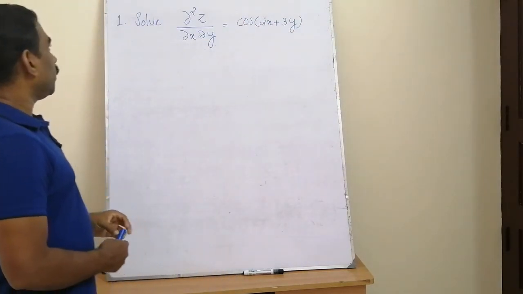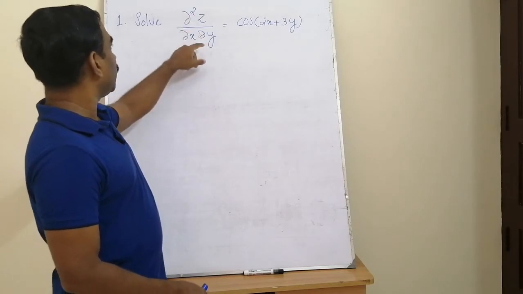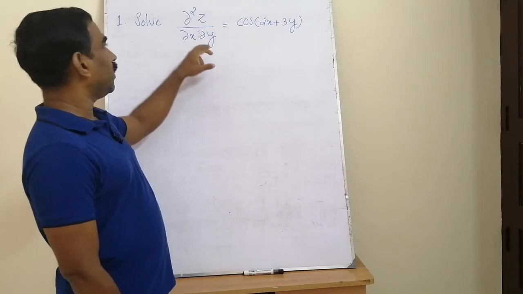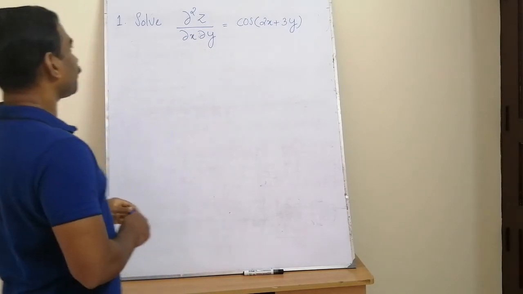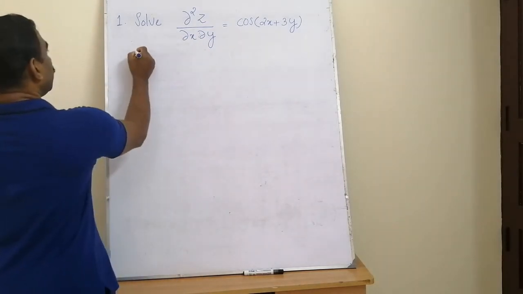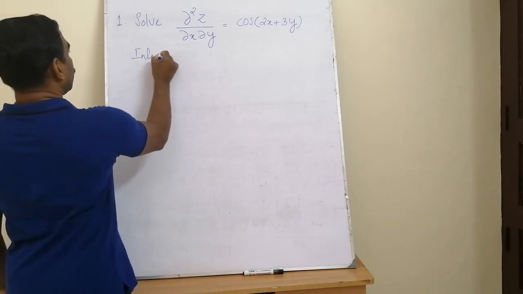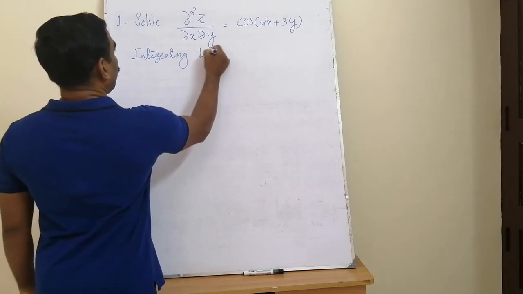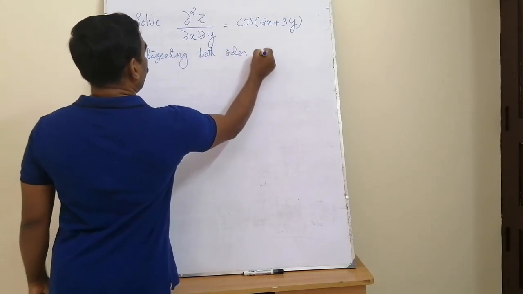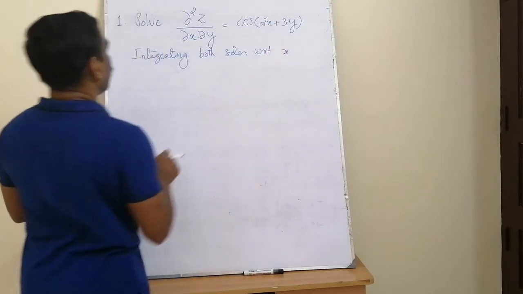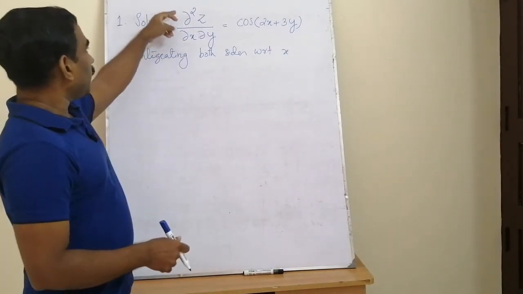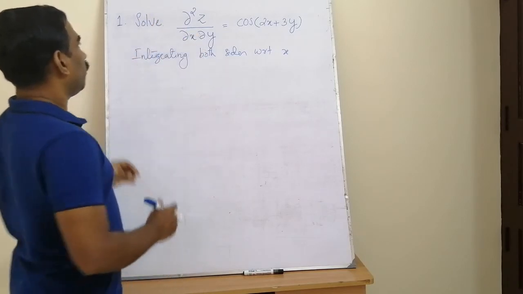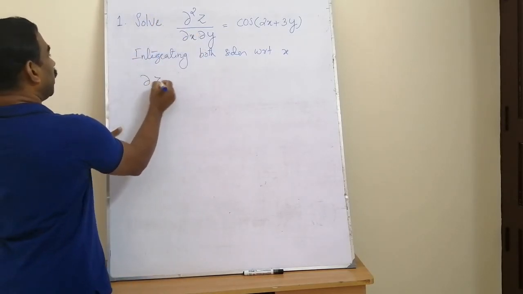So we can find the solution by performing integration. That means we are integrating the whole equation first with respect to x and then with respect to y. So integrating both sides with respect to x, the left-hand side, after integration of the second derivative ∂²z/∂x∂y, gives the first derivative ∂z/∂y.